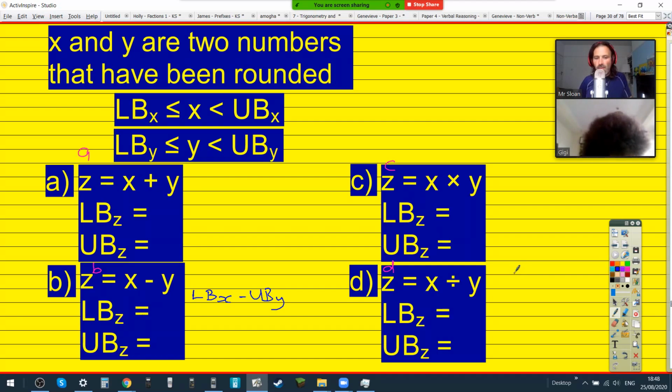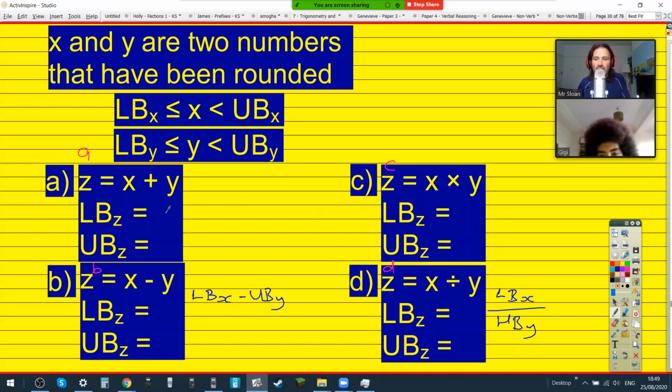Divided. So it would be the lower bound of x divided by the higher bound of y. Well done. Yep, that's it. And then if you want the upper bound, you just swap them. The upper bound of x take away the lower bound of y. Similar to the question we did, the biggest number take away the smallest possible number so that you can be left with as much as possible.